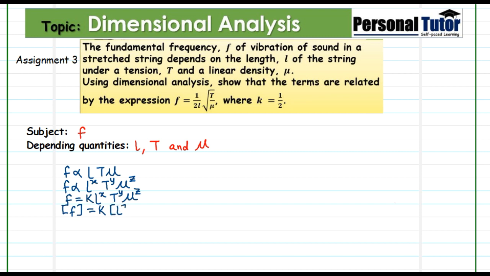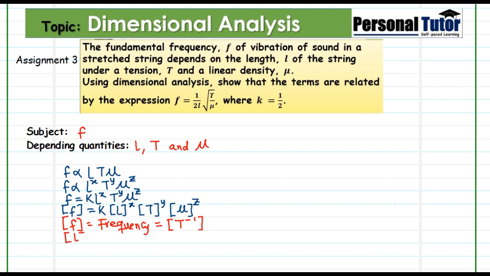So this becomes L exponent S, T exponent Y, then the mu linear density exponent Z. Expanding the various dimensional equations, the F is said to be frequency. And from our table that we looked at for dimensional equations, frequency is T exponent minus 1.